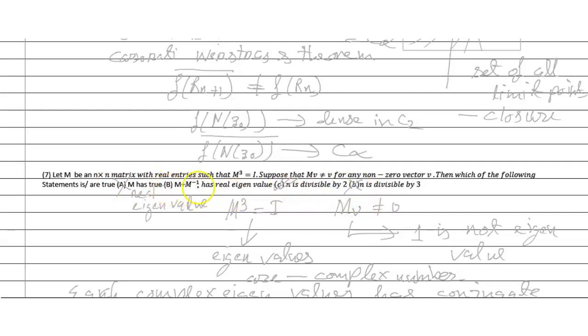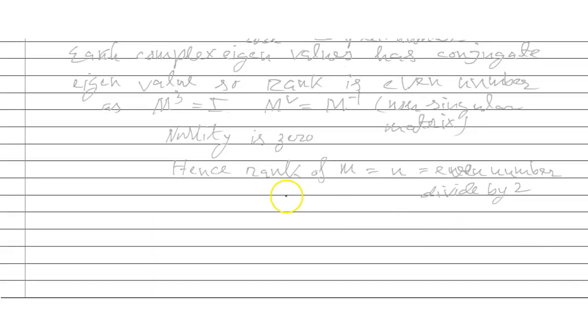So only M plus M inverse. As M cube equals I, so M square plus M plus I equals 0, so M square plus M inverse plus M equals minus I, minus 1 is an eigenvalue, which is real.